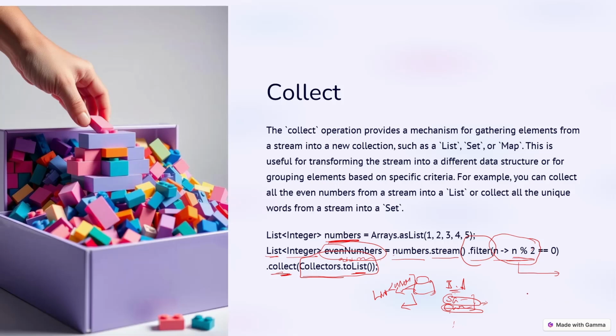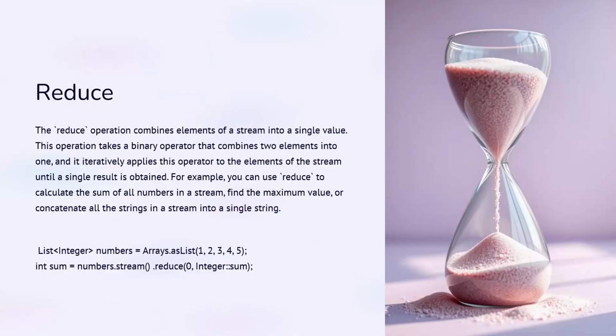So what will we do? We get that list of users, dot stream, put the condition for which users you want, and then collect that into a list with collect toList. This will give you the list of those specific users. Got it? So like that we will use it in real time.